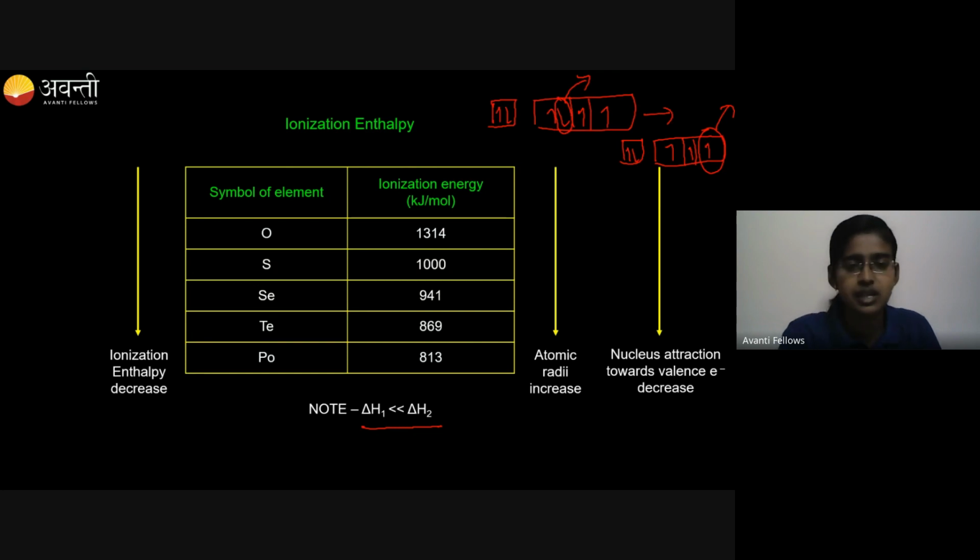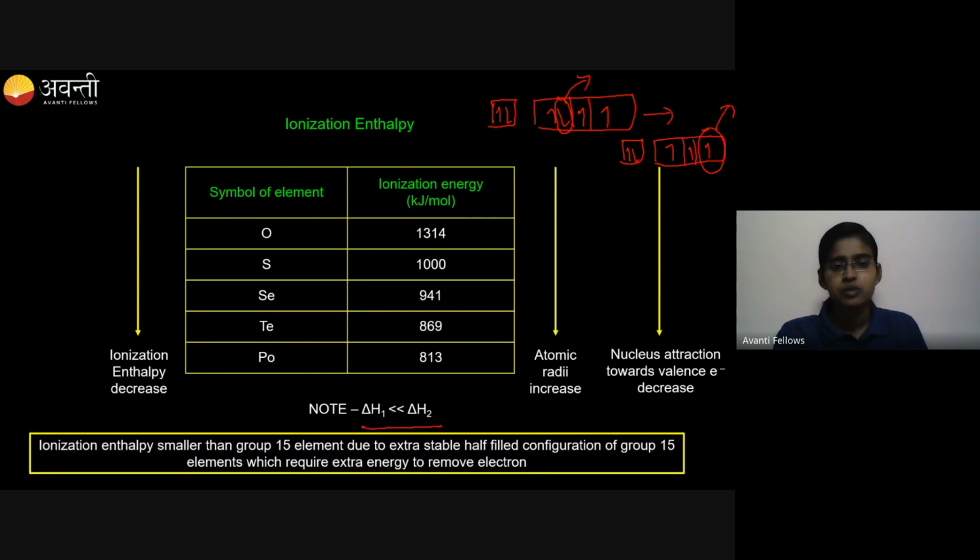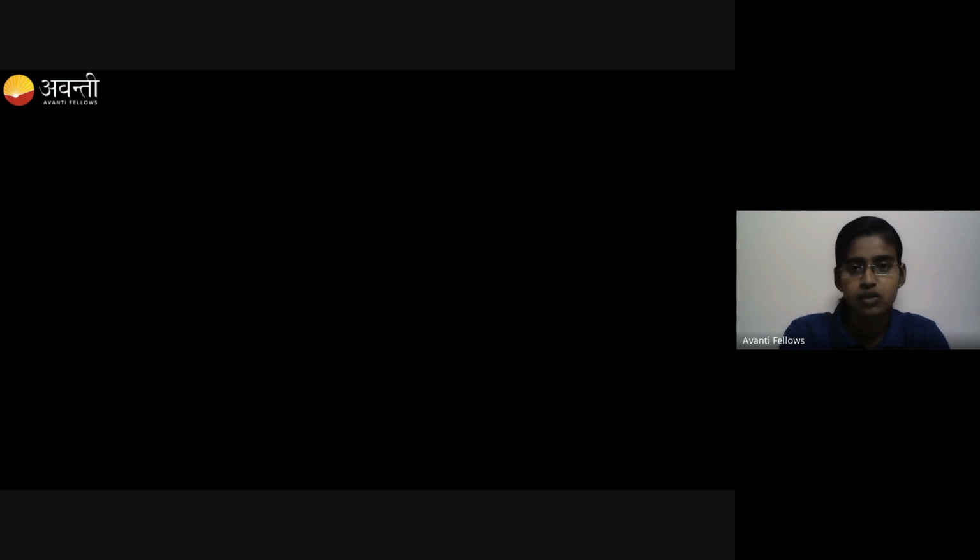So the second ionization energy value for group 16 elements is very, very high due to the extra stable half filled configuration, like group 15 elements, which requires extra energy to remove the electron. So this is the reason, the stability of the half filled configuration.